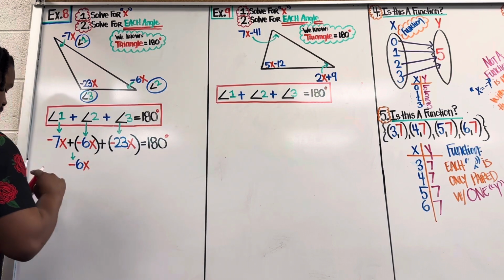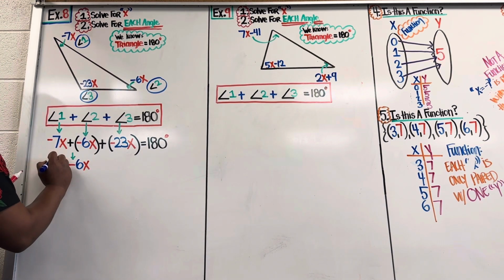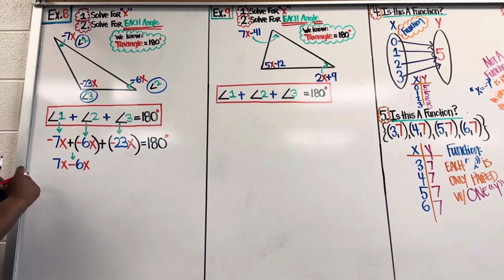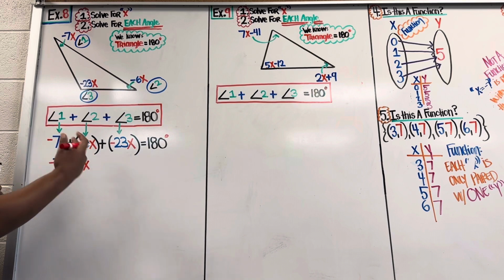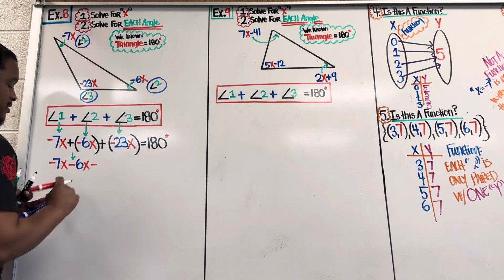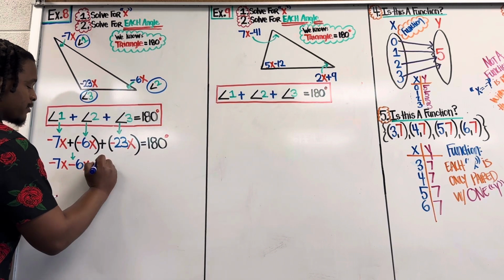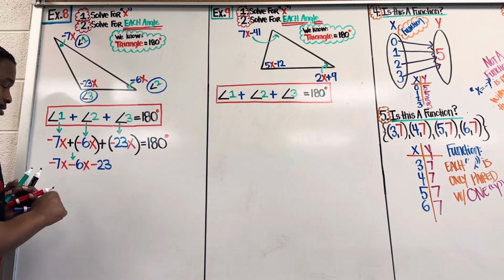And of course we still have negative 7x in the front. Same thing here: a positive and a negative creates a subtraction sign. So plus a negative 23x is just like saying minus 23x.